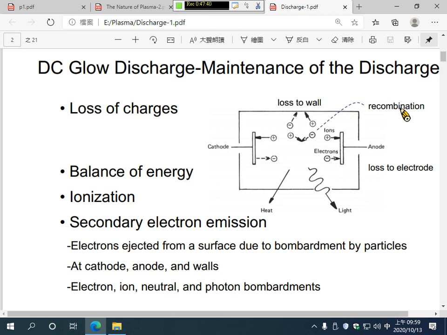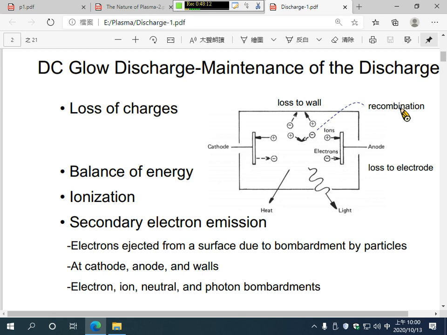And when electrons and ions collide with the chamber wall, they also lose their charges. And inside the plasma, when electrons and ions meet, they might recombine and lose positive charge and negative charge.